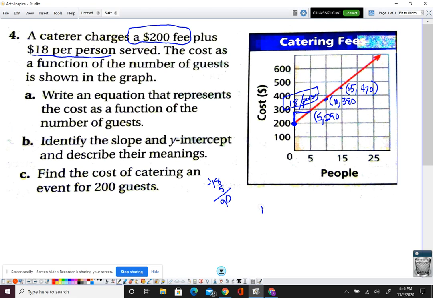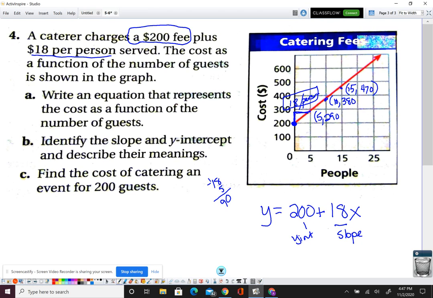Our cost, y, is equal to 200, our initial condition, plus our slope times x. Now describe the meanings of the slope and y-intercept. The slope is the cost per person. The y-intercept is the initial charge.